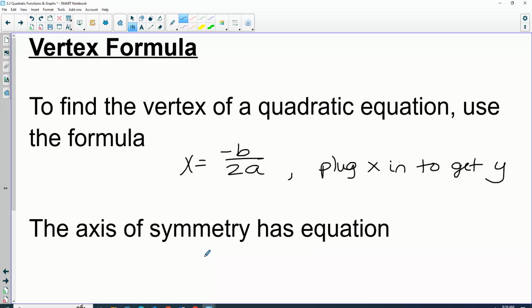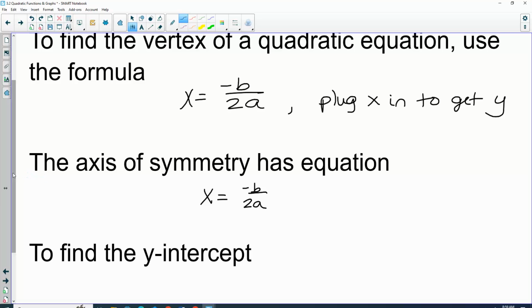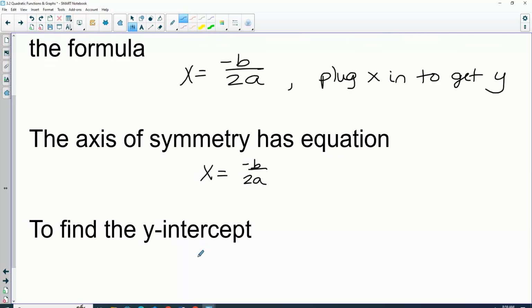Axis of symmetry is the vertical line going through it, so it is just the x equals opposite of b over 2a. We'll write that as an equation. And how do we find a y-intercept of anything? Just like we did with lines. How do we find that y-intercept? Put the x and the y equals 0.